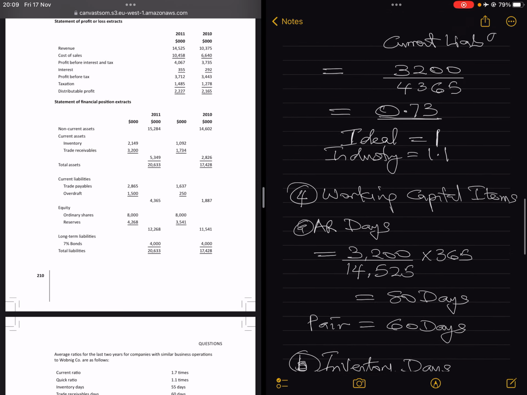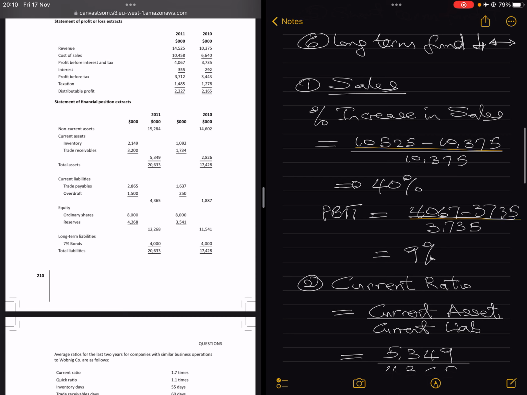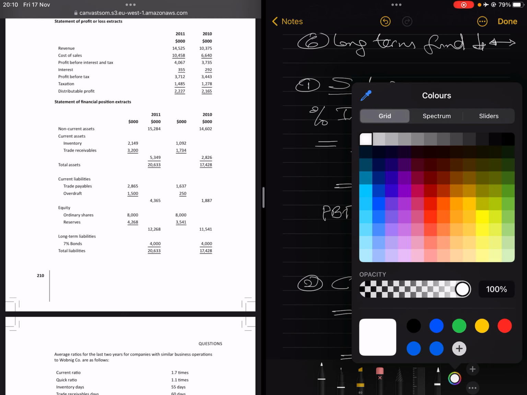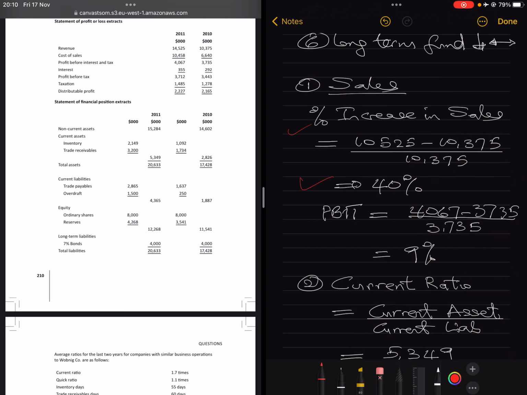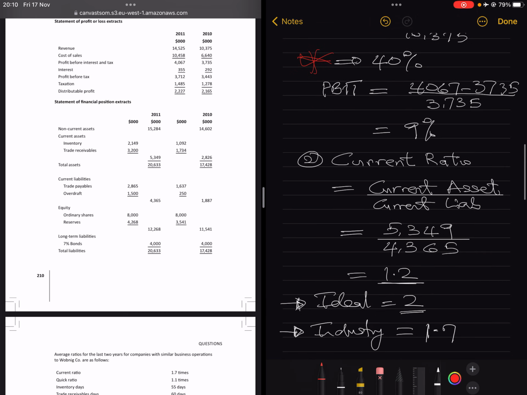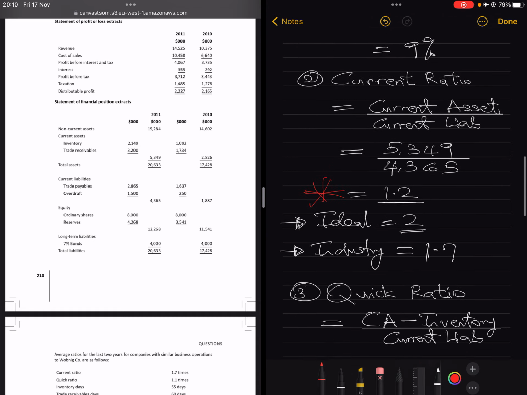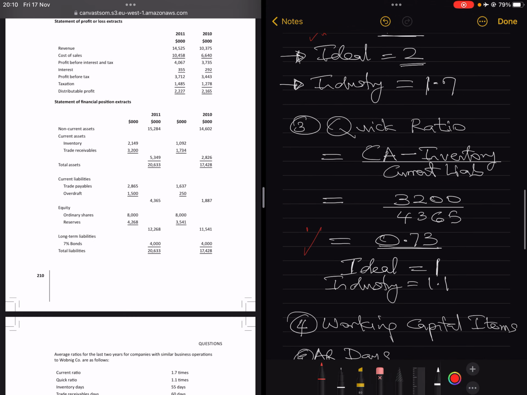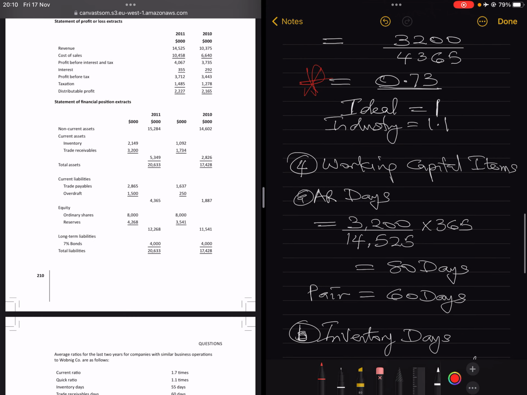The first thing is the fact that the sales has gone up by 40%. You don't want to see that. Current ratio less than the industry average. Same thing, quick ratio less than industry average.